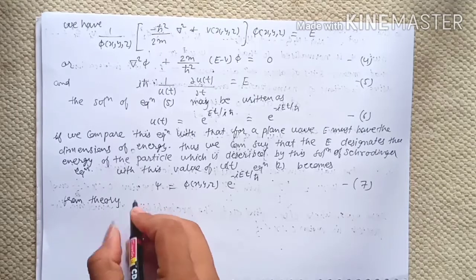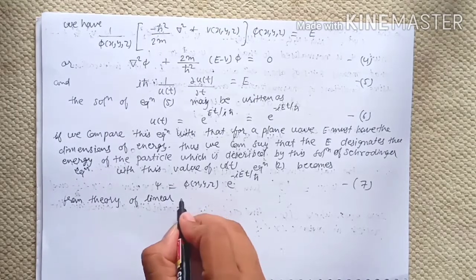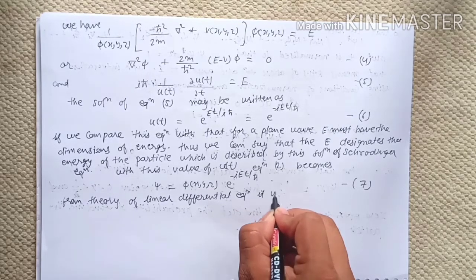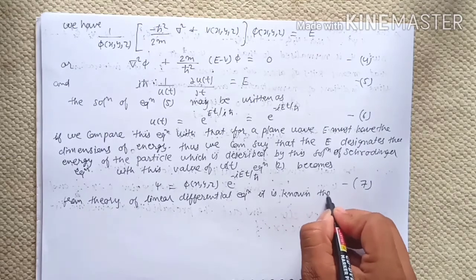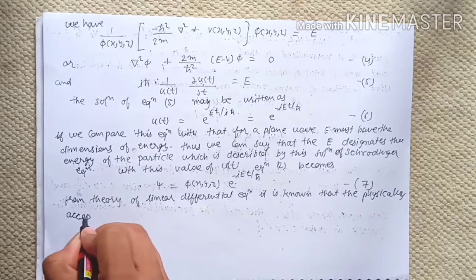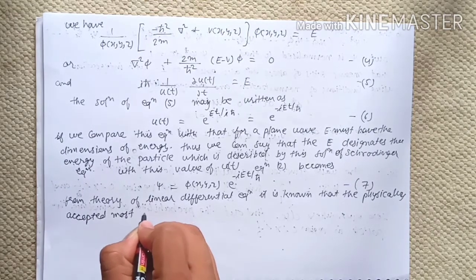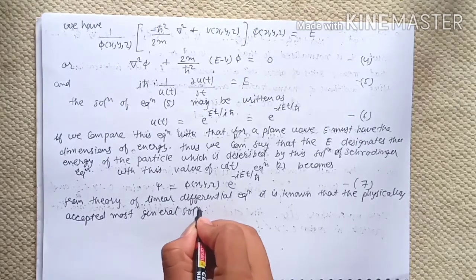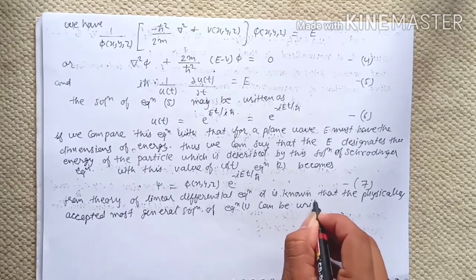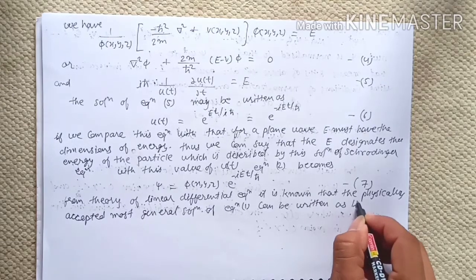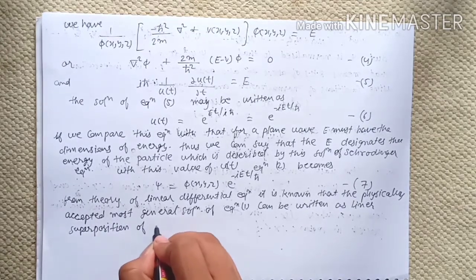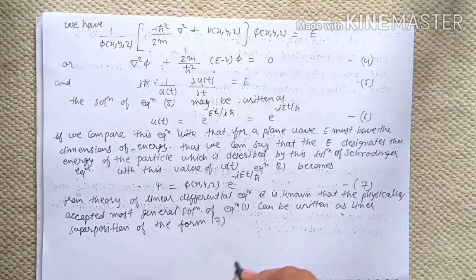From theory of linear differential equation, it is known that the physically accepted most general solution of equation first can be written as linear superposition of the form 7.